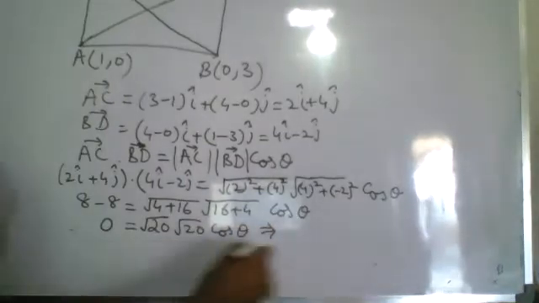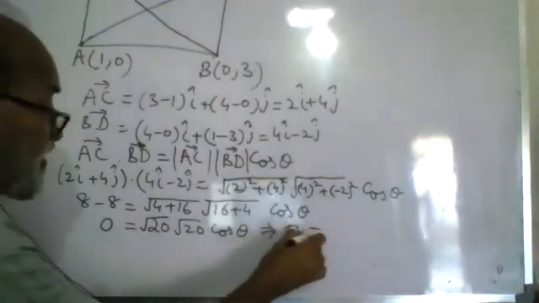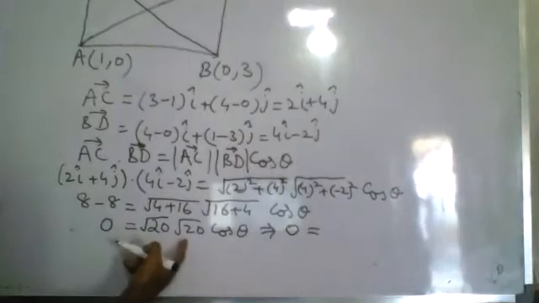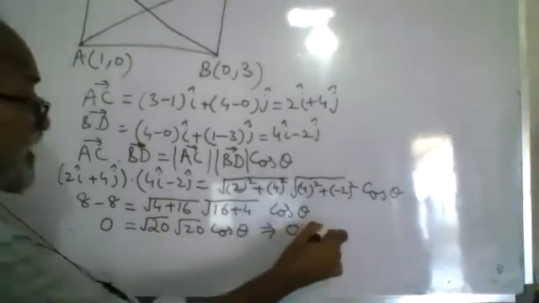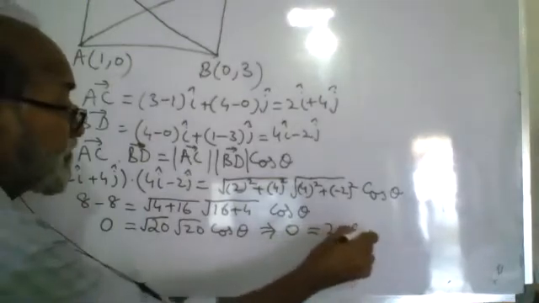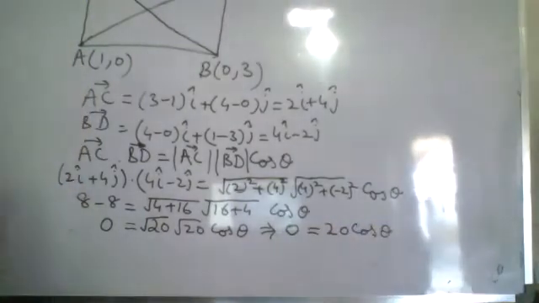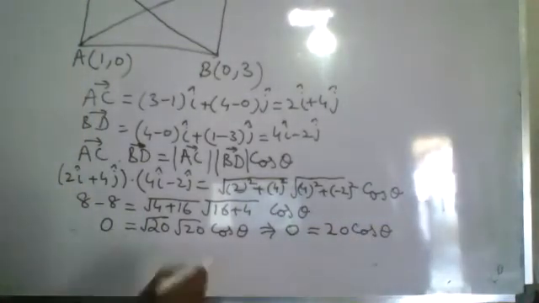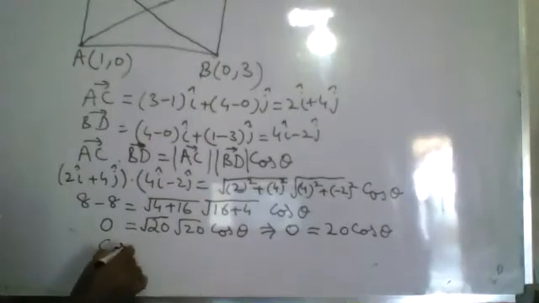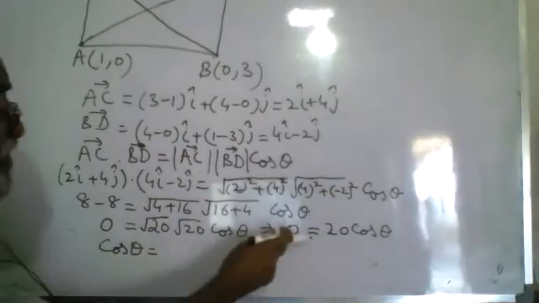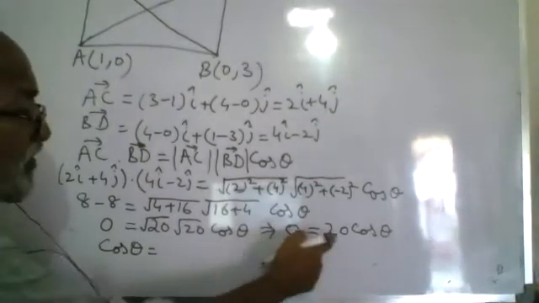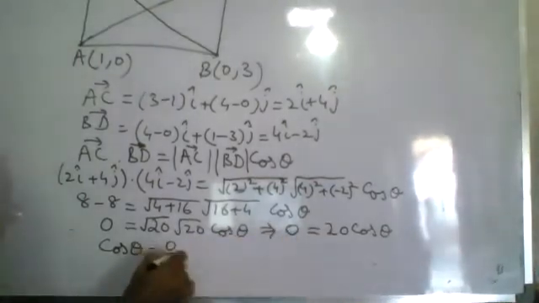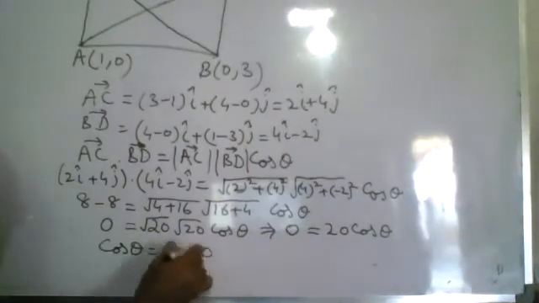The left side becomes 0. Root 20 into root 20, that means root 20 square, and root 20 square will be 20 cos theta. And cos theta will be equal to 0 upon 20, which is equal to 0.